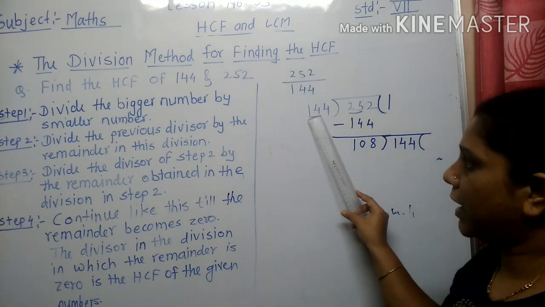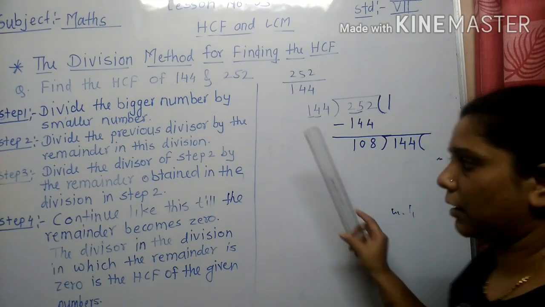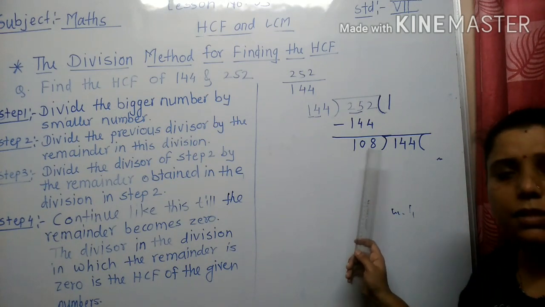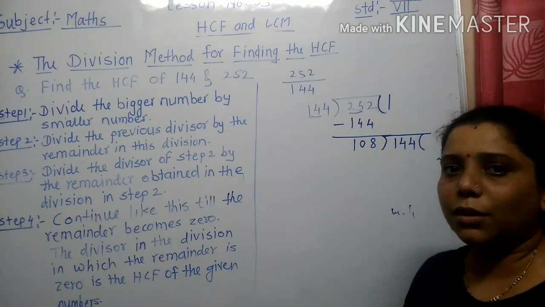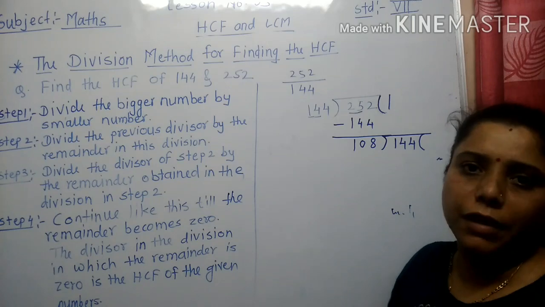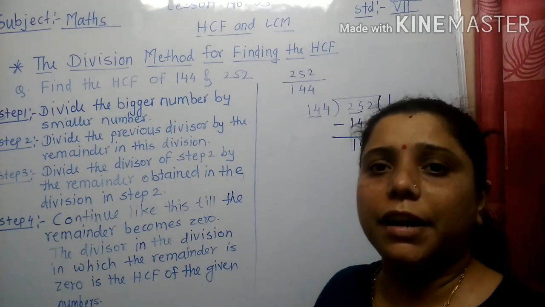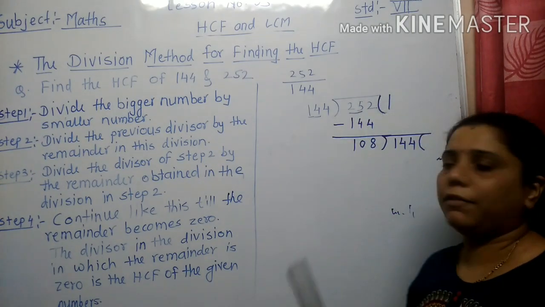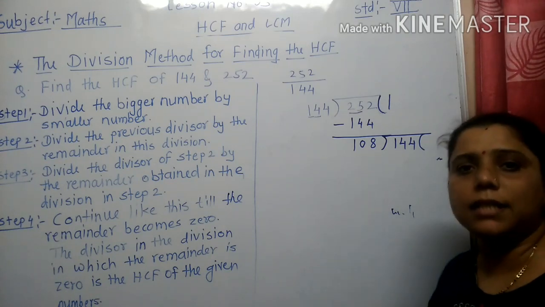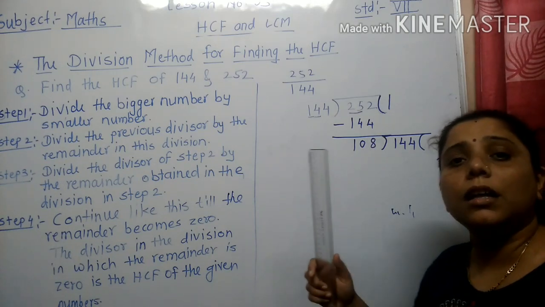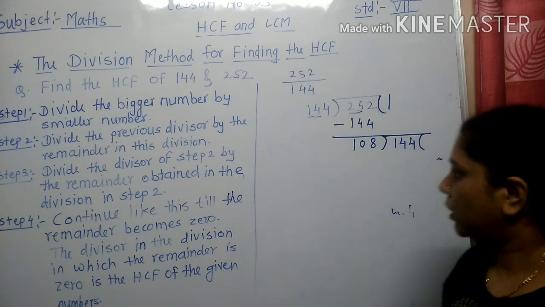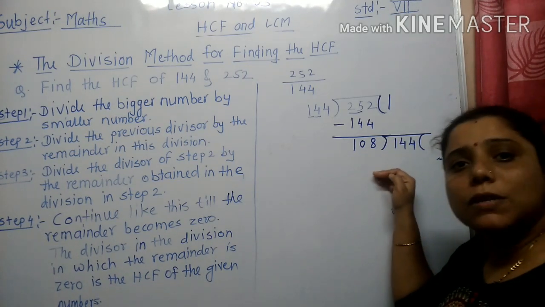So divide the previous divisor by the remainder. Between 108 and 144, 144 will be bigger. That's why we are dividing 144 by 108. Hence your 108 is the divisor. So now you have to proceed further.